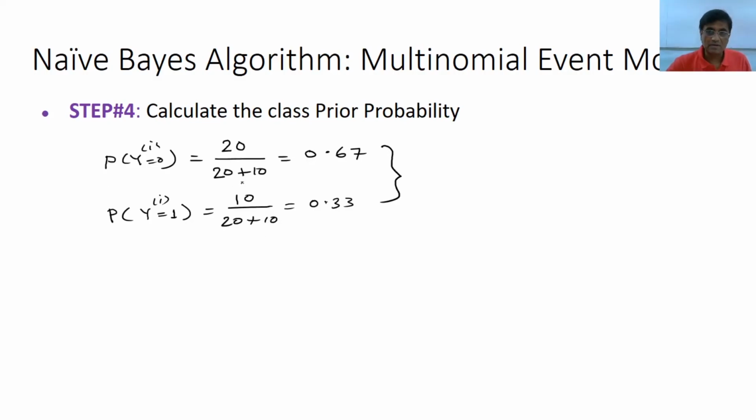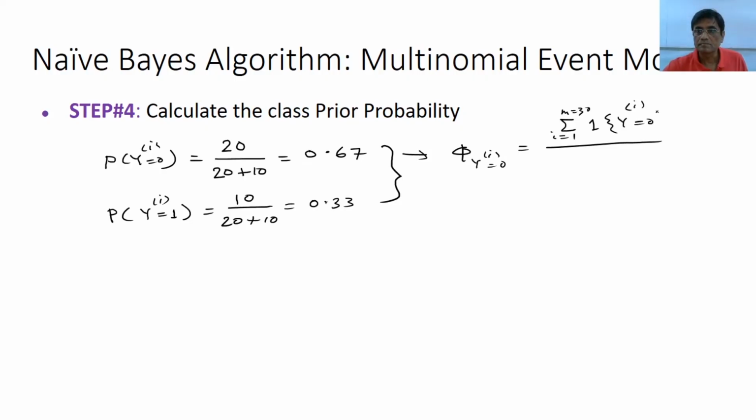So these are called class prior, and in terms of indicator function, again we can just have this equals to sum over i equals to 1 to m. M is here 30, total 30 mails are there, and then indicator function divided by m. That is all we did, right? So indicator function is actually telling you the frequency: how many times that mail is there?